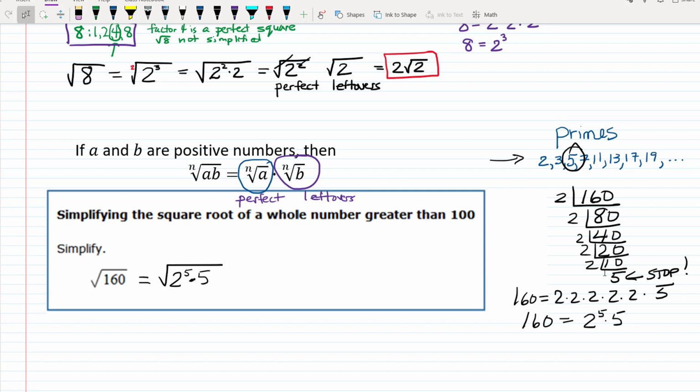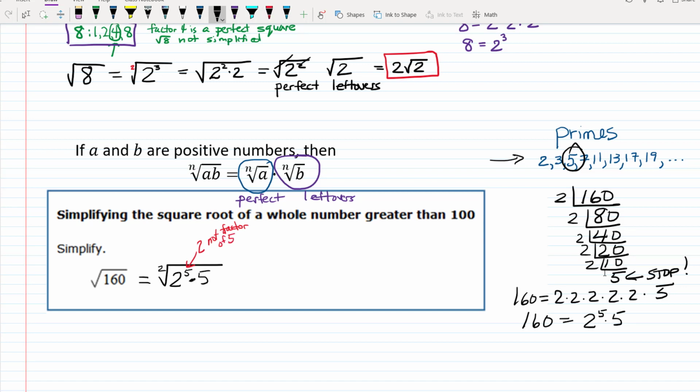Well, any factor that has a power higher than the index, 2, you want to look at it and see if the index divides evenly into it. If it does, then it's a perfect square. This one does not. 2 is not a factor of 5. In other words, 5 is not even.